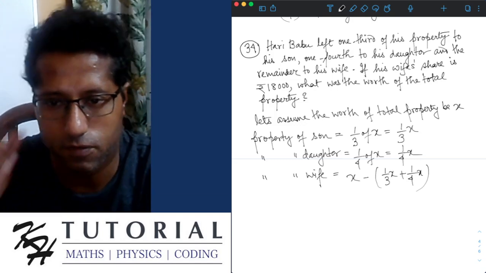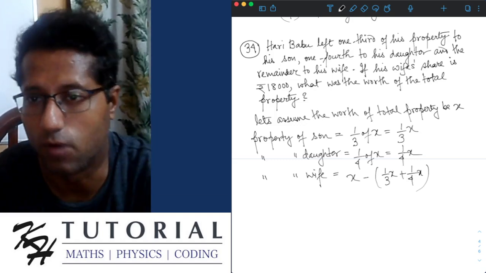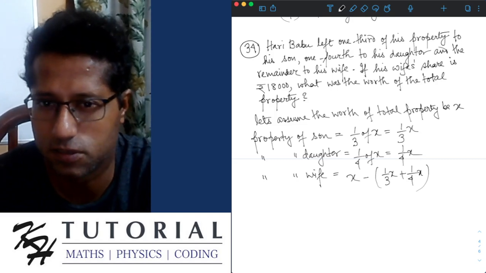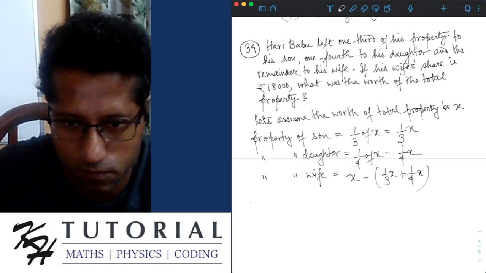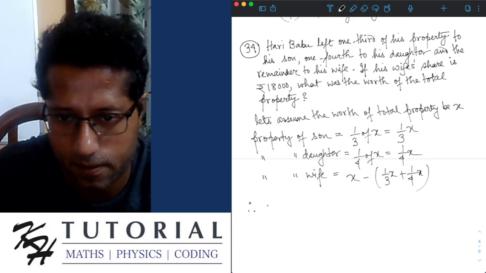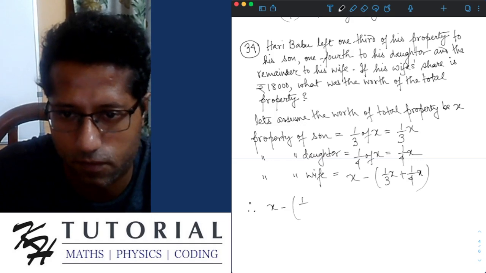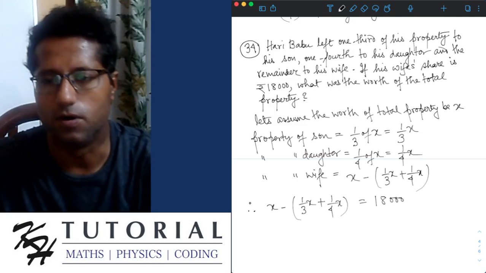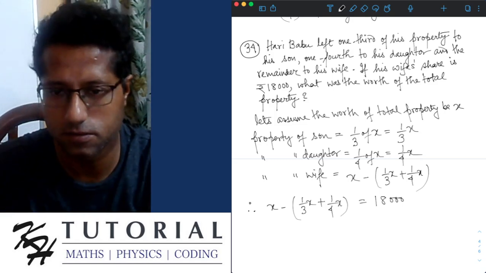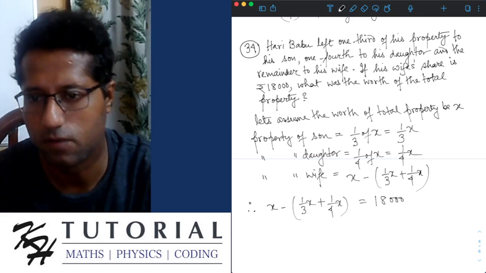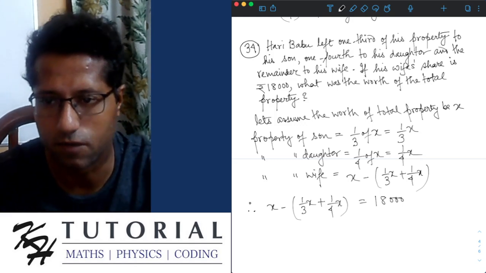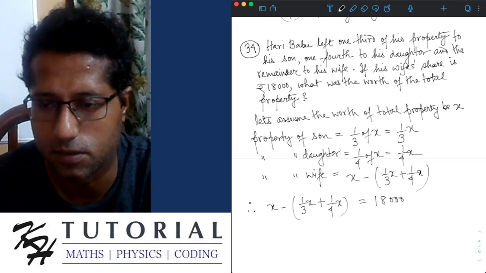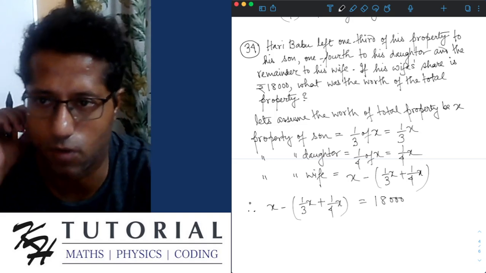So this is the share of the property of wife, and it is also given in the problem that his wife's share is 18,000. Therefore we can say that x minus (1/3 x plus 1/4 x) equals 18,000, because we have found that this is the share of the property received by his wife, and that is given in the problem as 18,000.